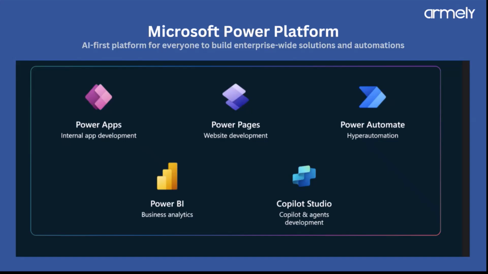If you'd like to know more about the difference between this, for example, let's say between Power Apps and Power Pages, you can view one of our previous videos where we covered that in depth.